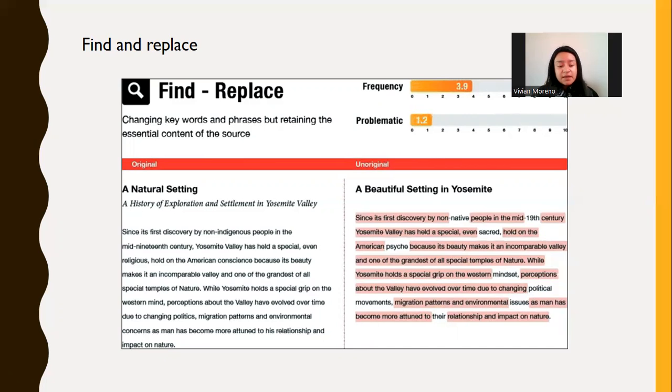Finally, we have the verbatim plagiarism, which is not like copying and pasting or selecting certain information from any source, right? Because it's more like with a spoken language.